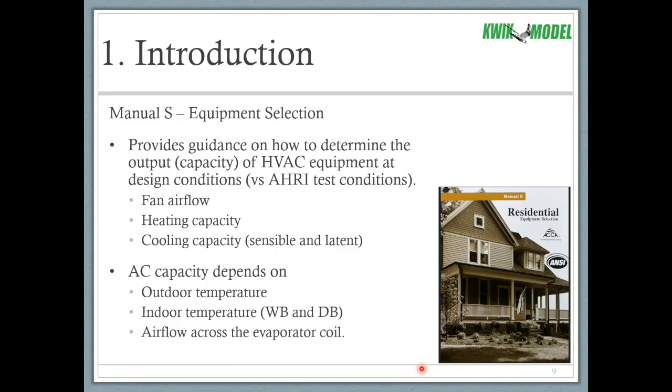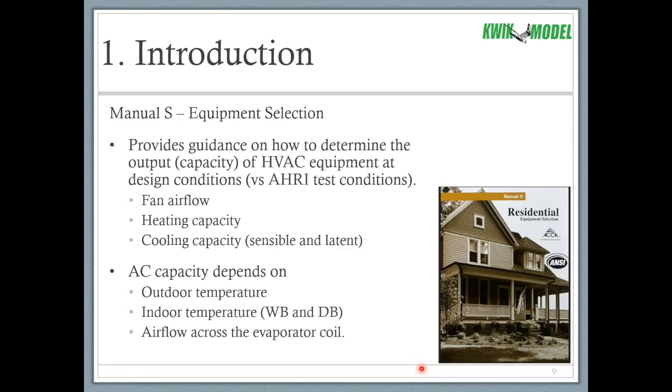It provides guidance on how to determine the output capacity of HVAC equipment at design conditions. So design conditions are the conditions that the equipment will actually be operating at when it's installed in the actual house, as opposed to the conditions that the equipment is tested at when the manufacturer says, oh, this is a 4-ton piece of equipment, or this is a 3-ton piece of equipment, or this is a 45,000 BTU furnace.